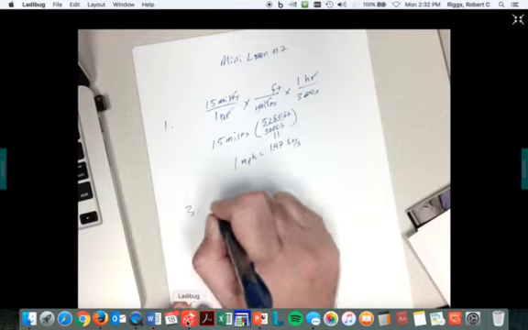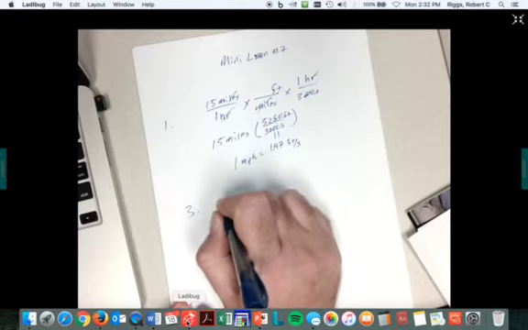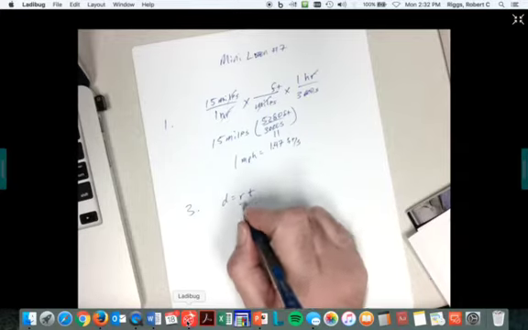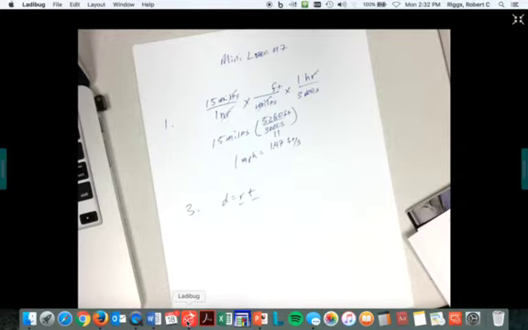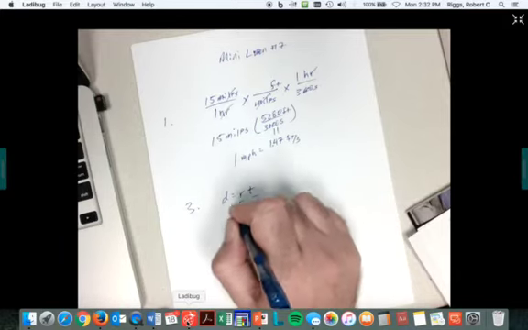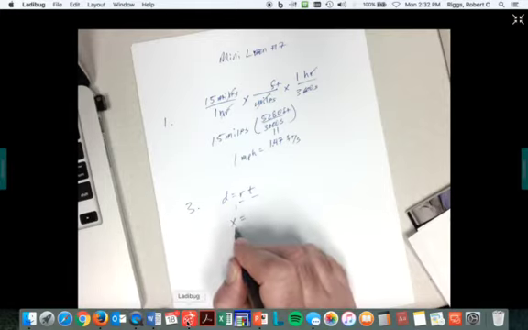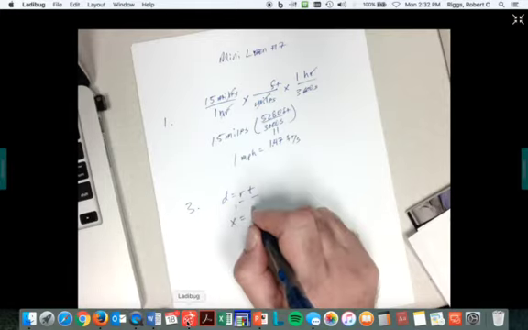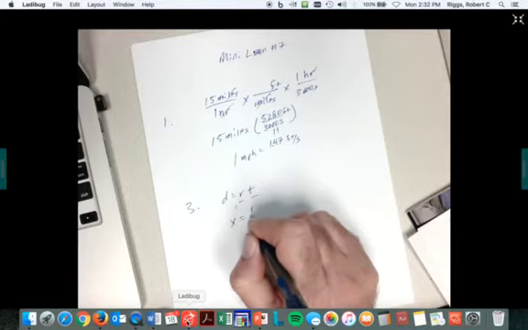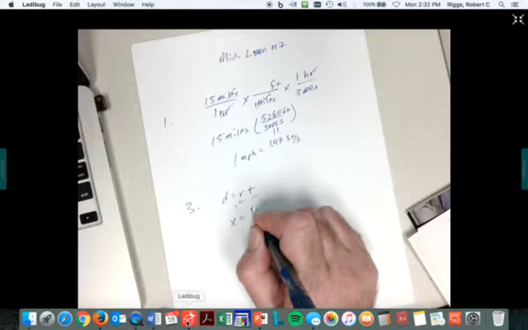For problem 3, you could use distance equals rate times time. You have the rate, you have the time, multiply those together and you get the distance. But this other one where you have x is the same thing. This is just the fancy physics way of doing it. Since we're assuming no acceleration, it's equal to v times t.